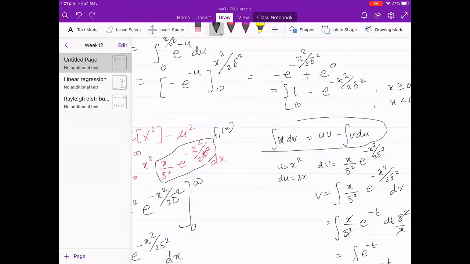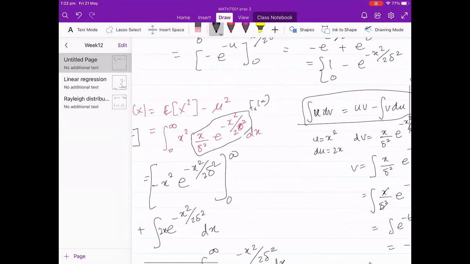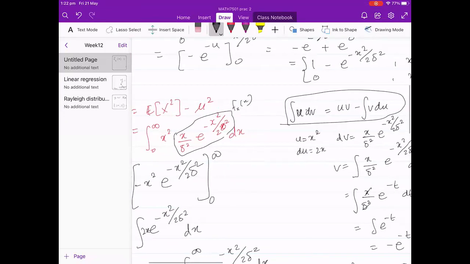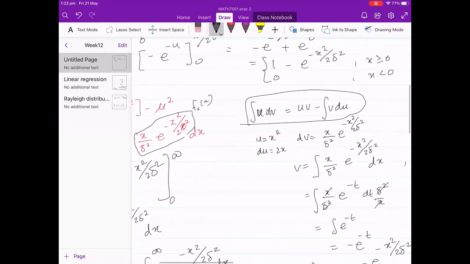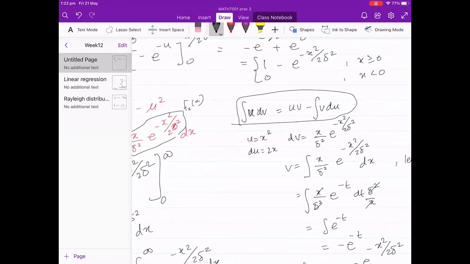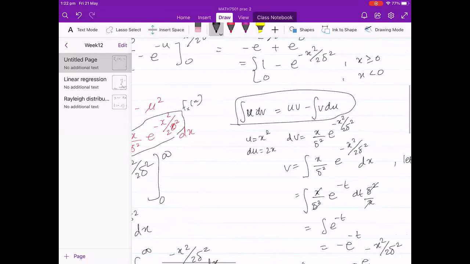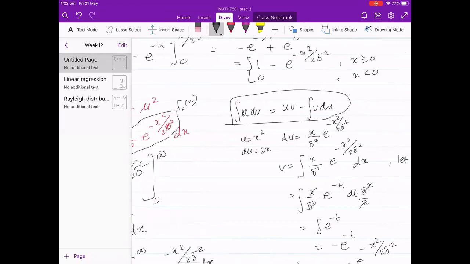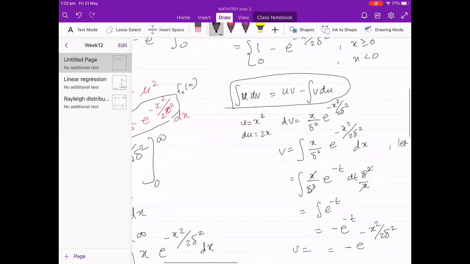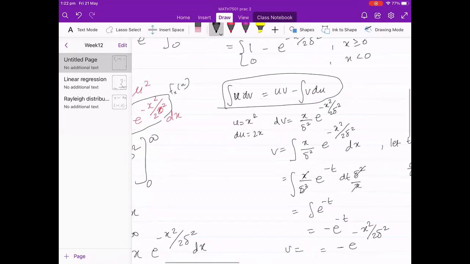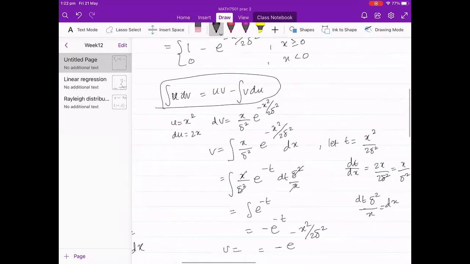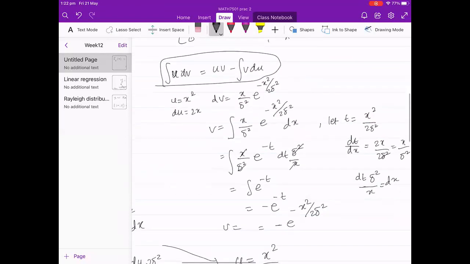Using the by parts formula, I let u be x squared, and then du is 2x dx. dv is the rest, x divided by sigma squared times e to the power minus x squared over 2 sigma squared, that's the PDF. To find v, I use substitution, and I got minus e to the power minus x squared divided by 2 sigma squared. That's v.